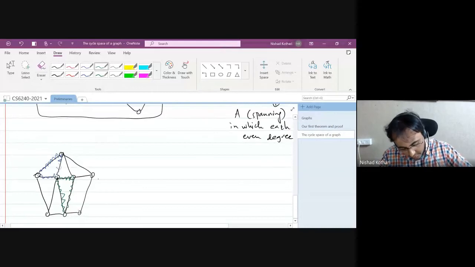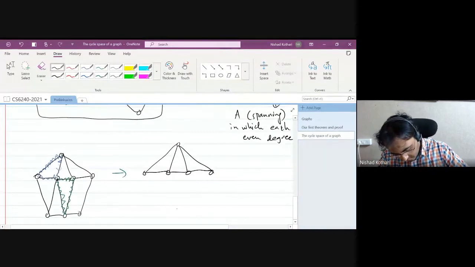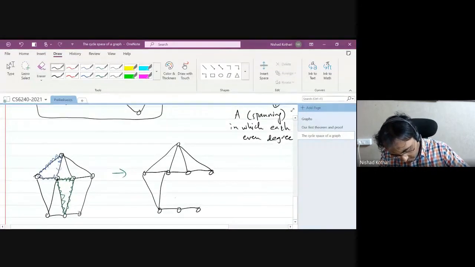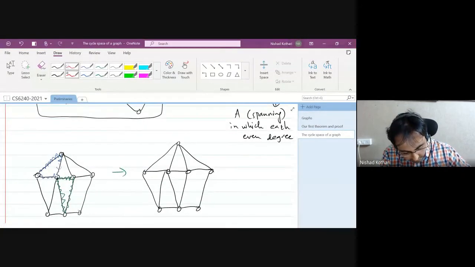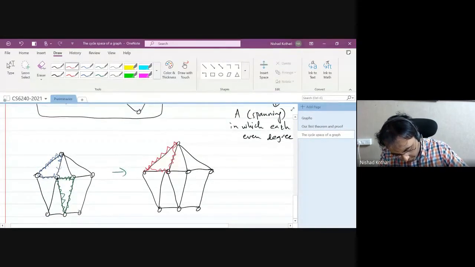And what I will do is, let me just make the same drawing again. So the result is these red colored edges, which is actually the union of those two.